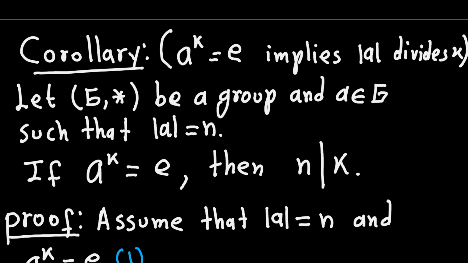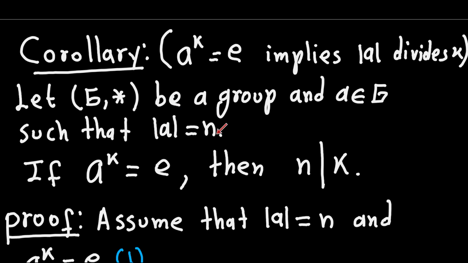In this other corollary, we again have a group and an element of the group, and we assume again that the order of that element is n. Now, if any power k of A gives you the identity, then that means that the number n divides k. Let me explain this a little more. We know that A to the n is the identity, because the order of A is n.